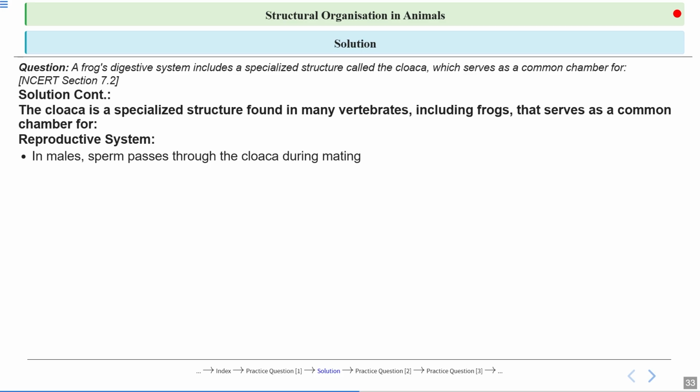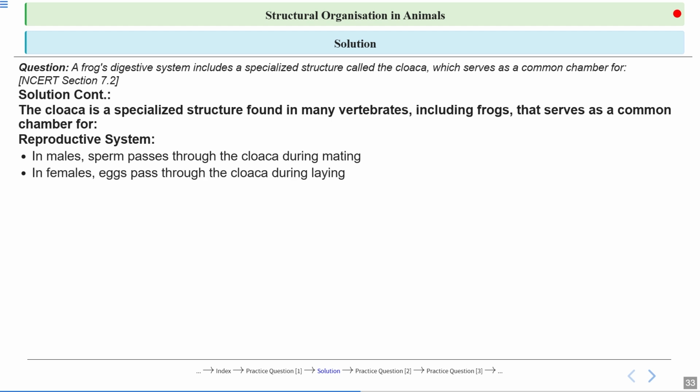These Bidder's canals enter the kidney and join the ureter. So the sperms produced in the testes pass through the vasa deferentia, Bidder's canal, and then come to the ureter part. And the ureter opens into the cloacal region.